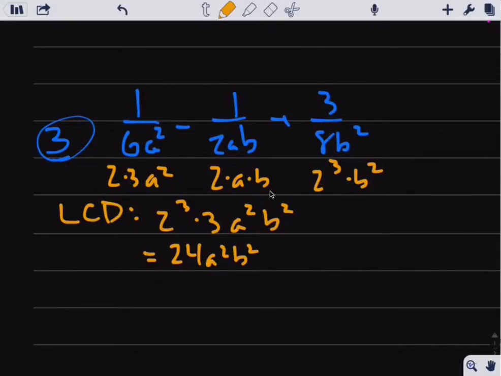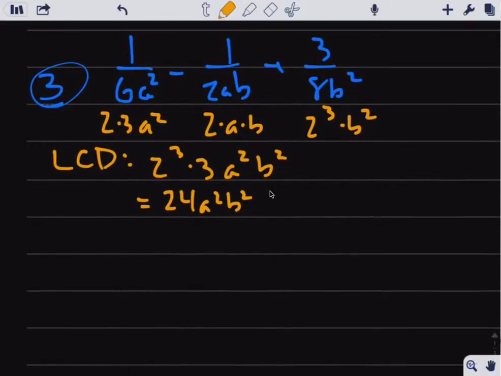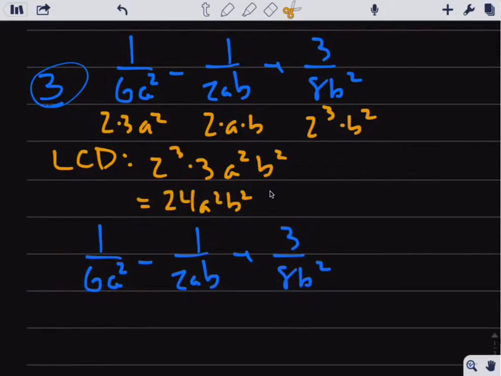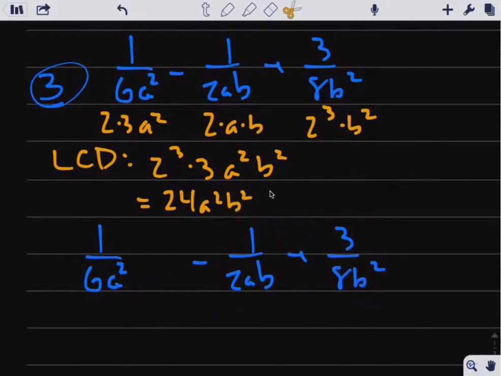All right, so let's rewrite our expression under those terms. Now remember, to do that, I took this piece here, and for each of these situations I multiplied it by something.